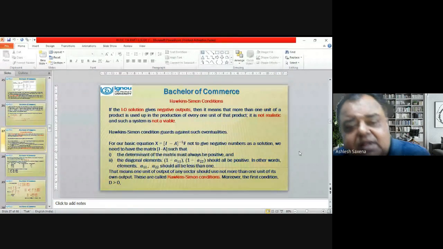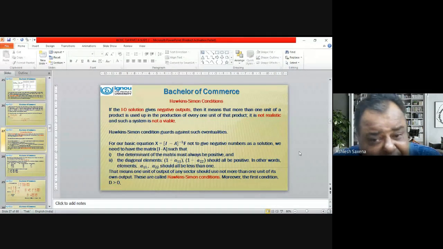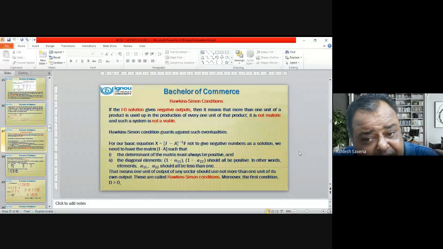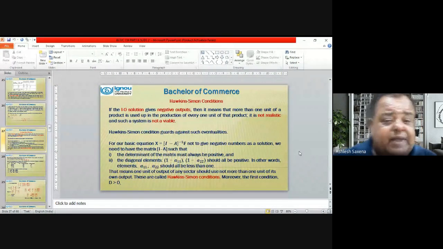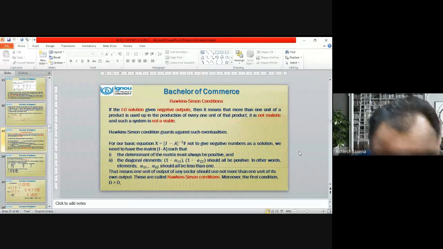What are these? For our basic equation, X is equal to (I minus A) inverse into F, not to give negative numbers as a solution, we need to have the matrix I minus A such that the determinant of the matrix must always be positive. It should not be 0. It should not be a negative number. Second one, the diagonal elements 1 minus a11, 1 minus a22 should be positive.